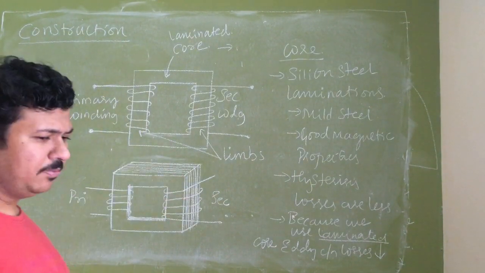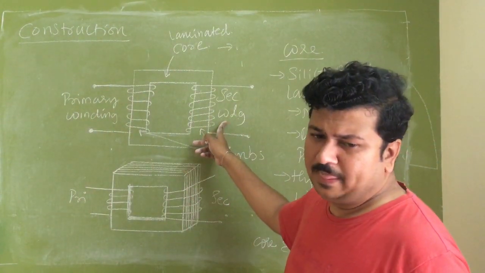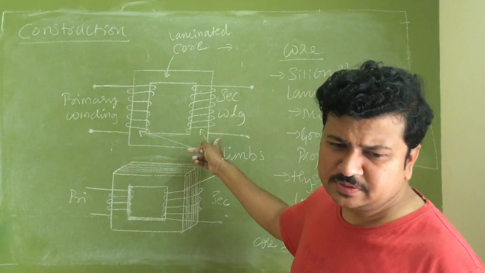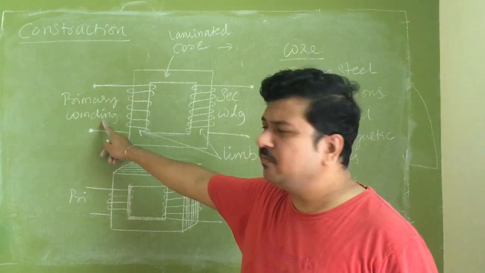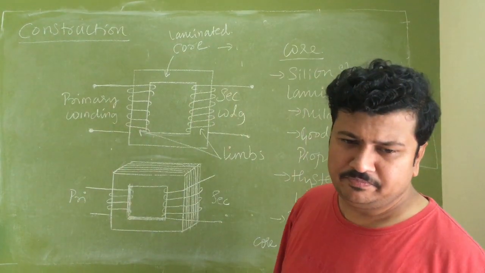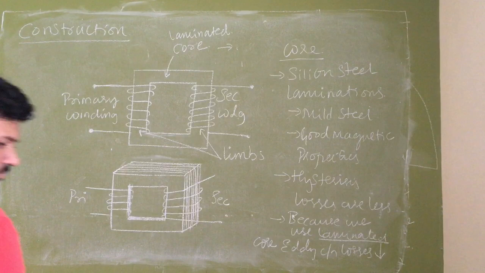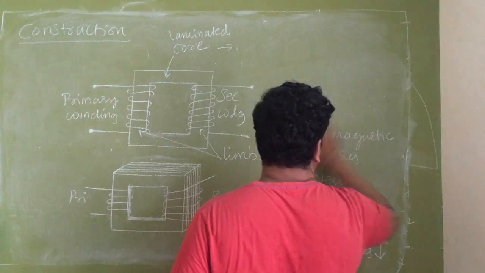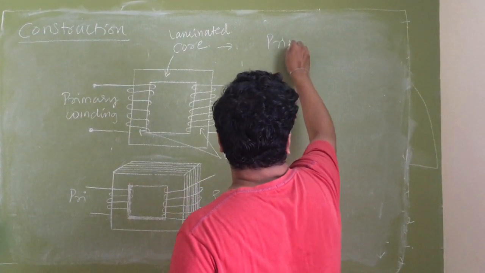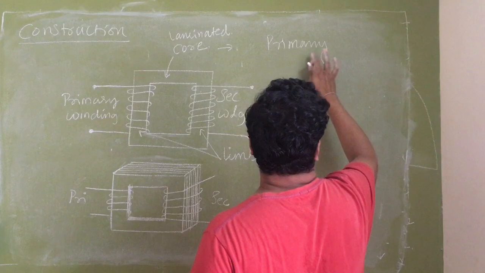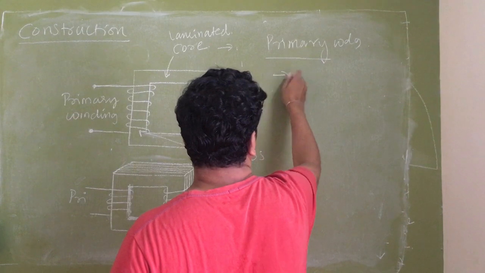So the winding is kept on two limbs, one forms the primary winding, one forms the secondary winding. Now which one is the primary winding and which one is the secondary? It is not compulsory that the left winding is always primary and the right winding is secondary. Primary winding is the one to which supply is connected.